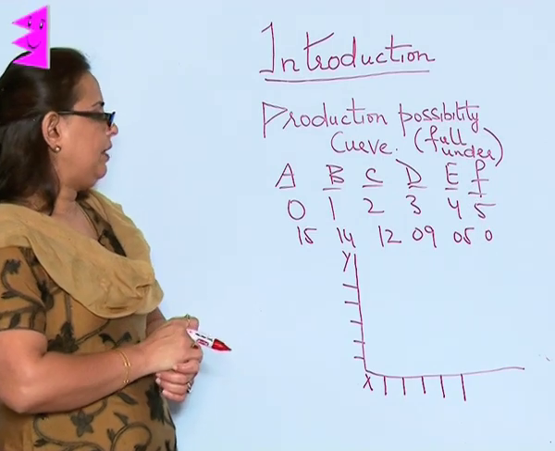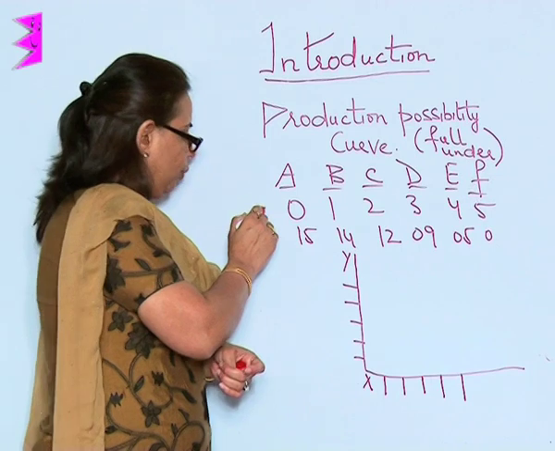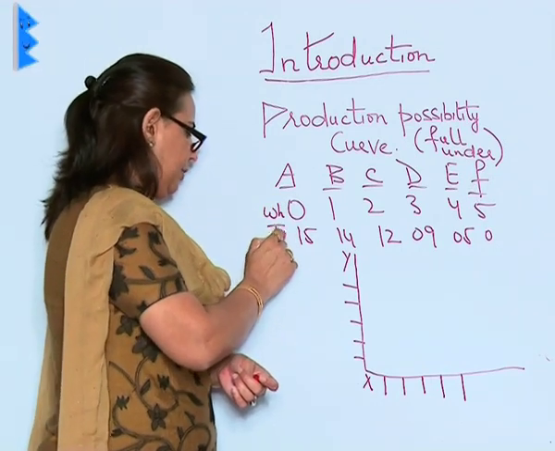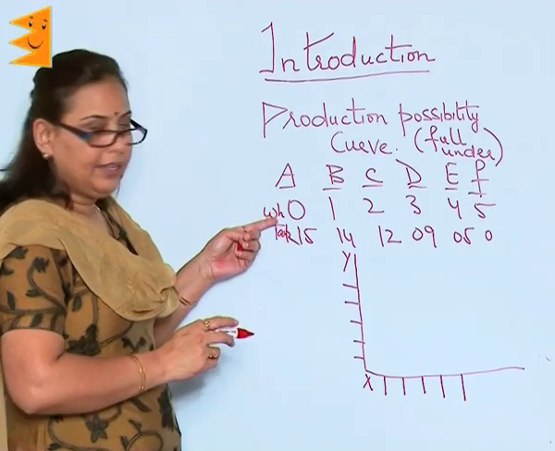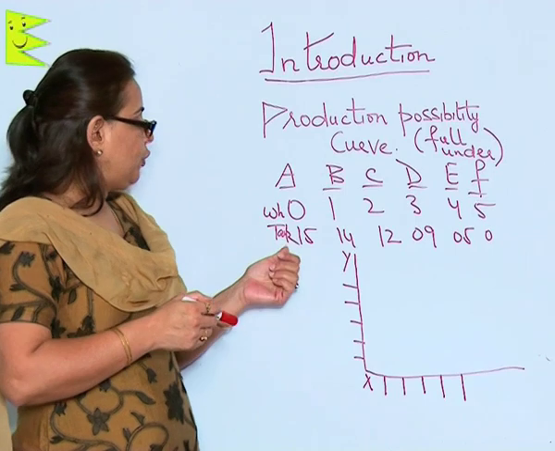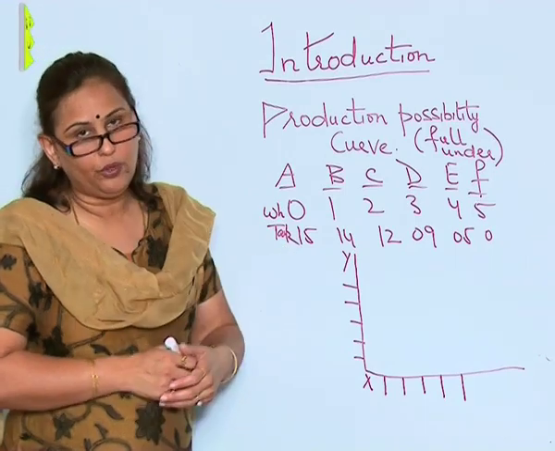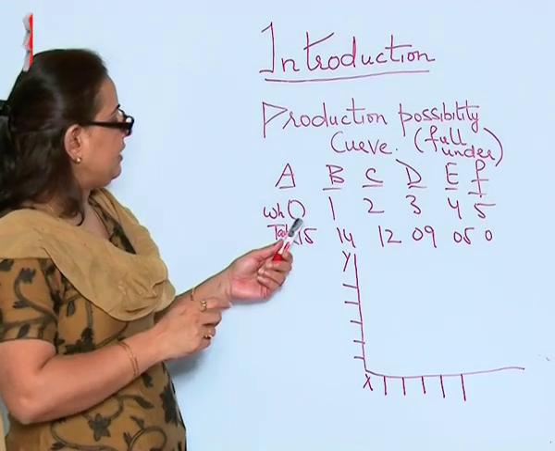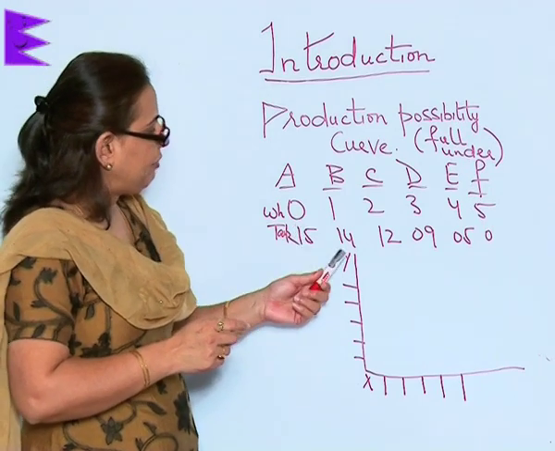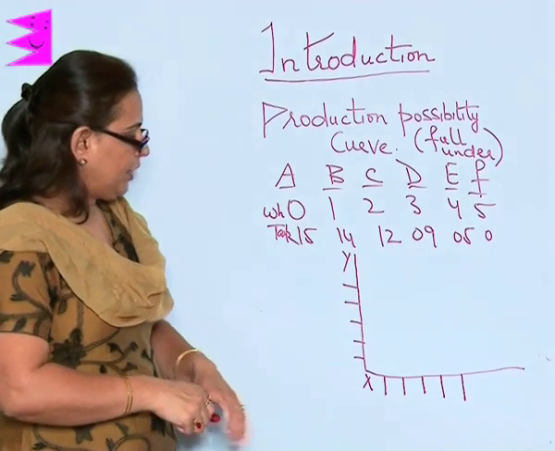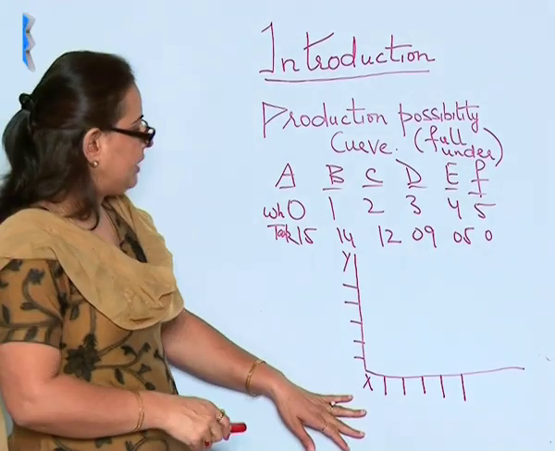Say for example, I produce wheat and tanks, one to do with the basic necessity of human beings and the other to do with the armed security of the country. So, what I have is 0 for 15, 1 for 14, 2 for 12, 3 for 9, 4 for 5 and 5 for 0. This is my graphic representation.